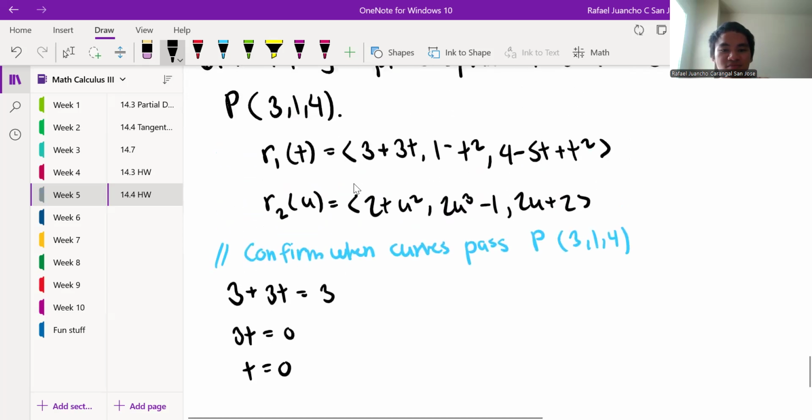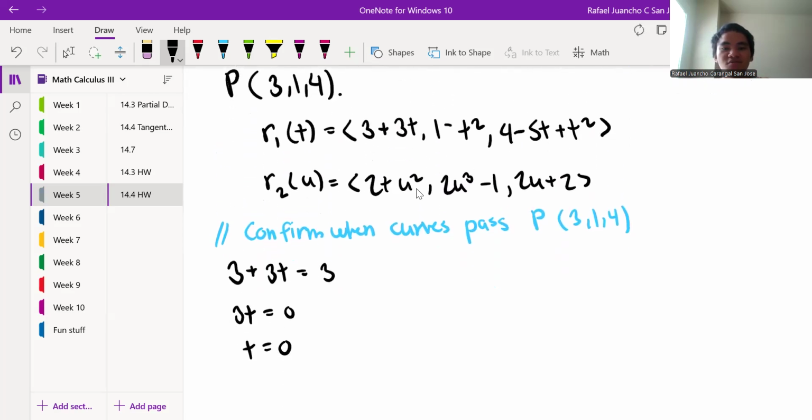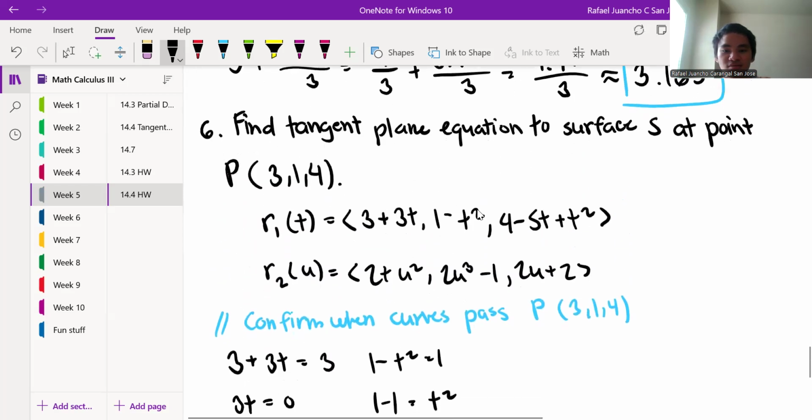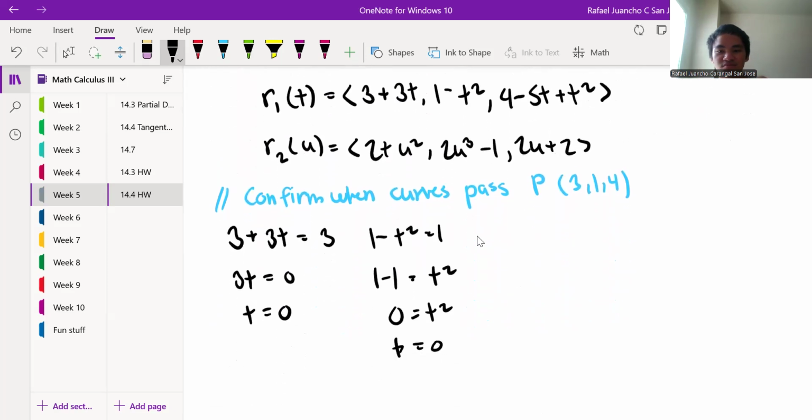Let's look at another one. 1 minus t squared is equal to 1, so 1 minus 1 is t squared, and t is 0. Now we look at the last one. 4 minus 5t plus t squared is 4.